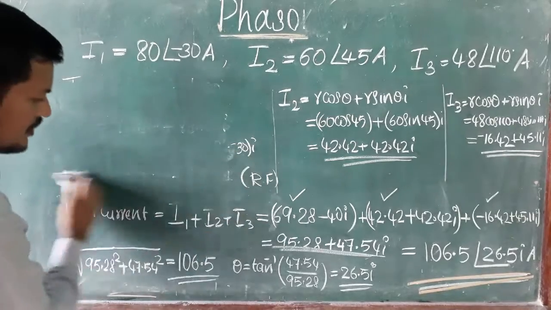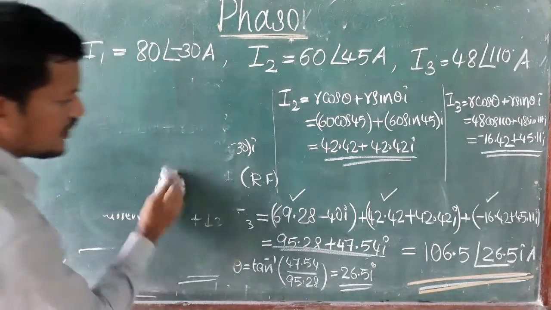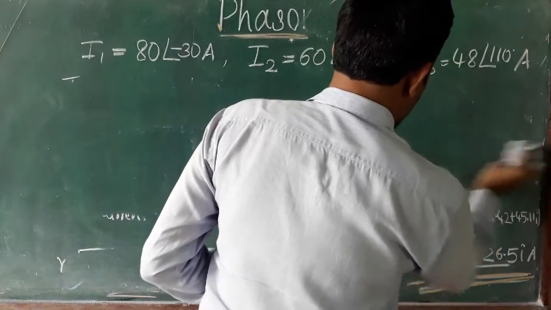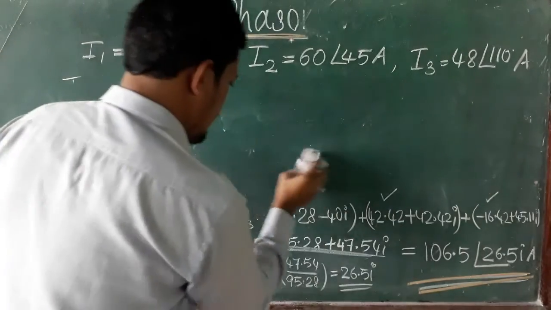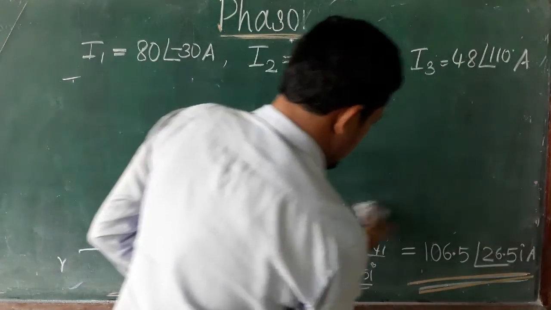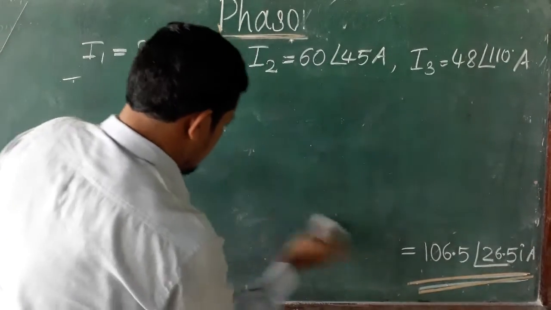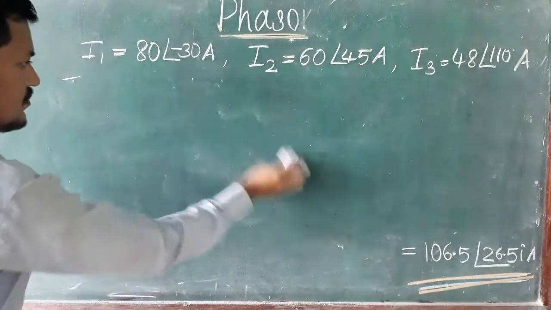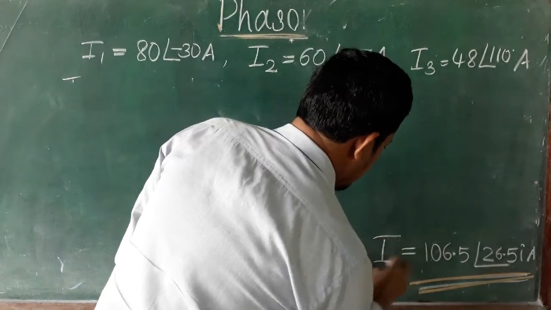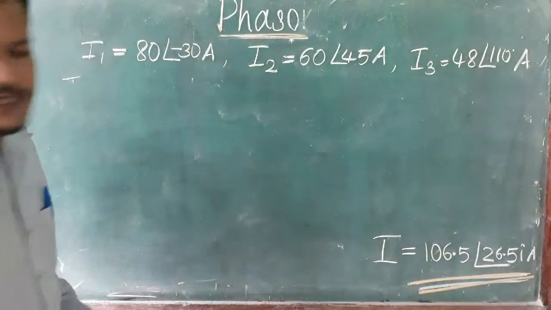I am keeping the polar answer only. I hope you understand this. So this is our total current, I1 plus I2 plus I3 is the total current.